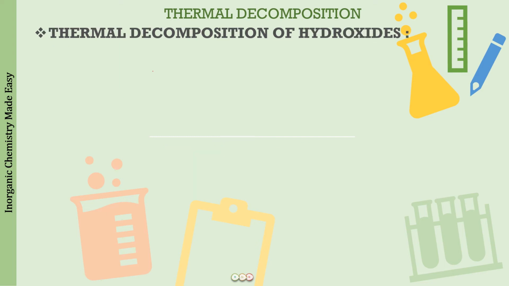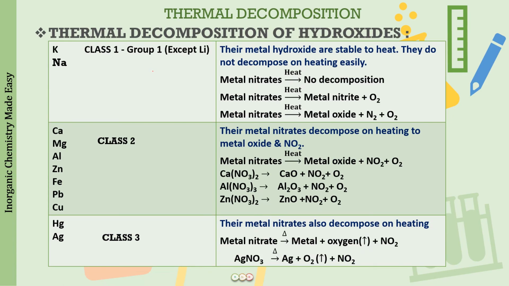So let us quickly look at all of these once again together. So we have the class 1 metal nitrates. They are not going to decompose at a low temperature less than 400 degrees Celsius. Between 400 to 800 degrees Celsius, they are going to give us metal nitrite and oxygen.